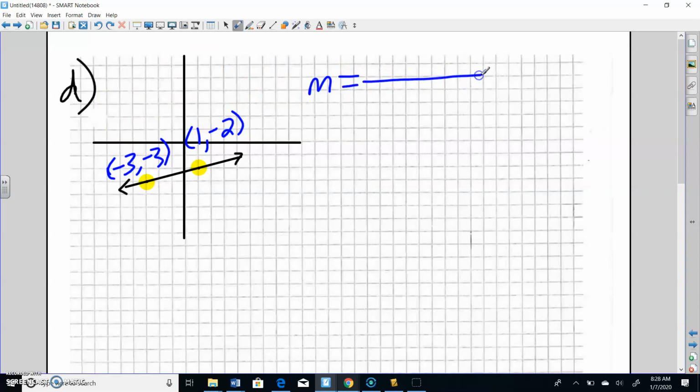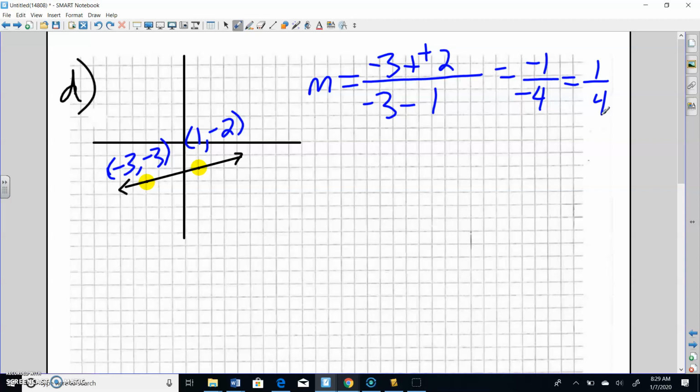What's that going to be? What minus what on top? Okay. And then on bottom? Great. So that gives me a negative 1 on top and a negative 4 on the bottom, which reduces to 1/4. Did everybody get 1/4?